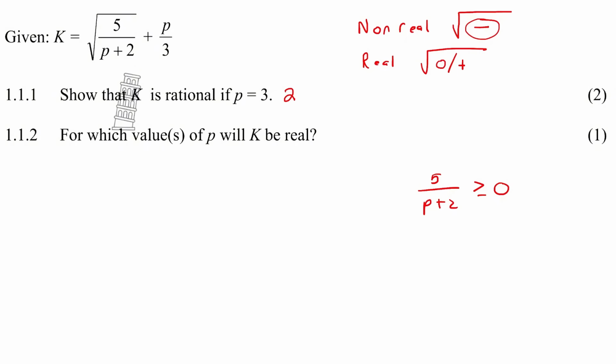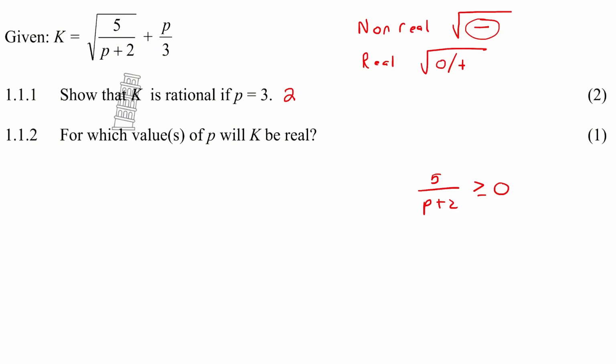So what we need to do is think about this very carefully. We want this expression to be 0 or positive. It cannot be 0. There is nothing you could put over here that'll make this whole expression 0. The only way to have a 0 in a fraction is if the number at the top is a 0.